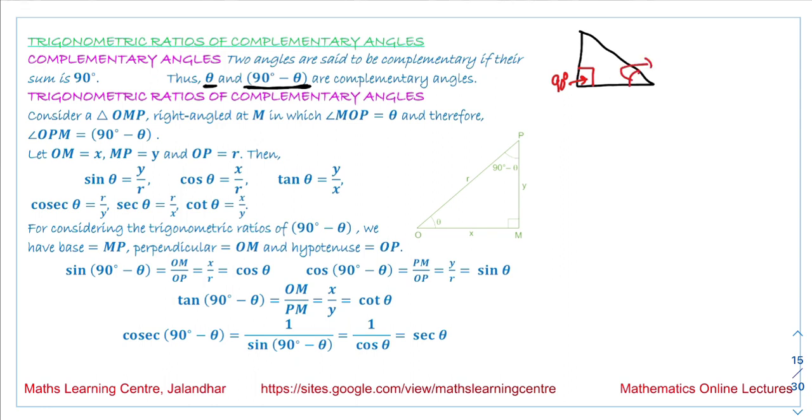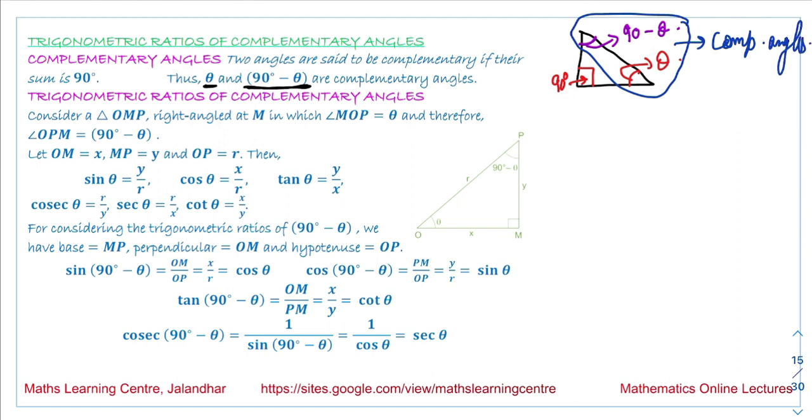If this angle is theta, then this angle over here will be 90 minus theta. So the sum of these two angles is 90 degree. These two angles are complementary angles.